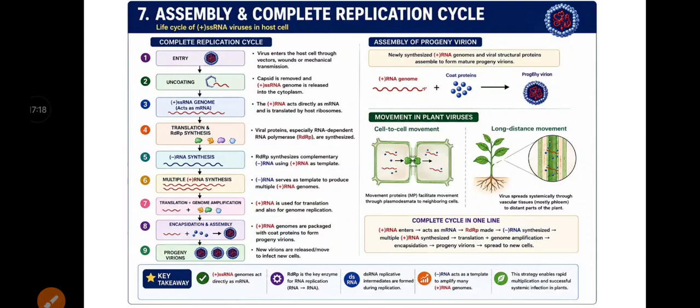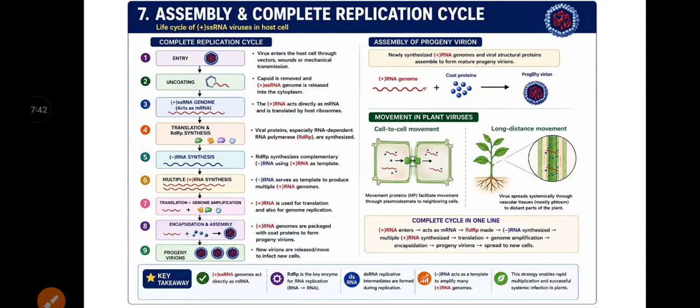It will synthesize by hijacking the host translation machinery, host ribosome, its enzymes and proteins whatever is required for replication, and then it starts replication by producing the major thing, that is the RNA dependent RNA polymerase.